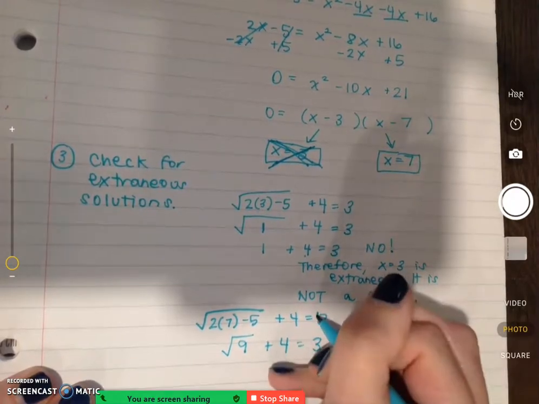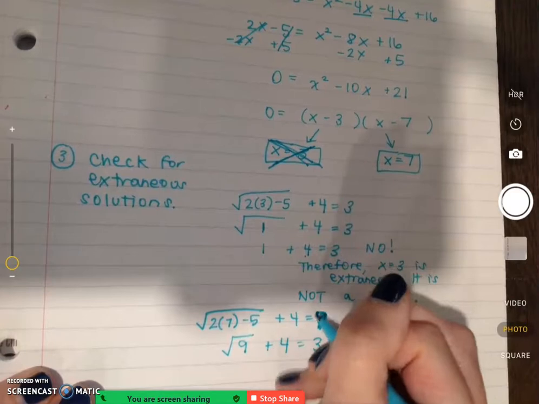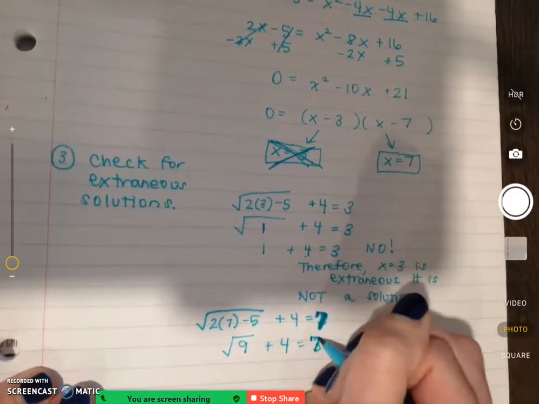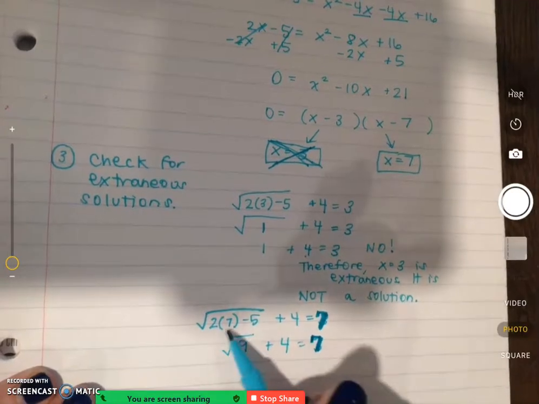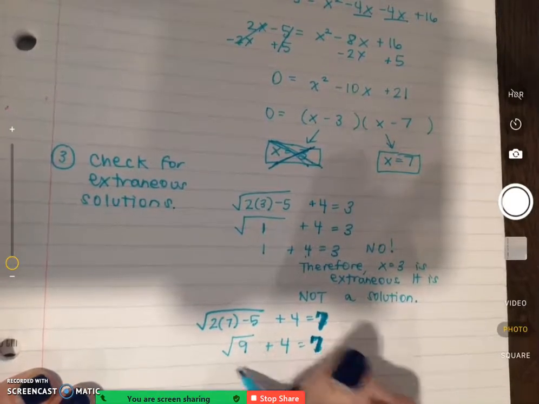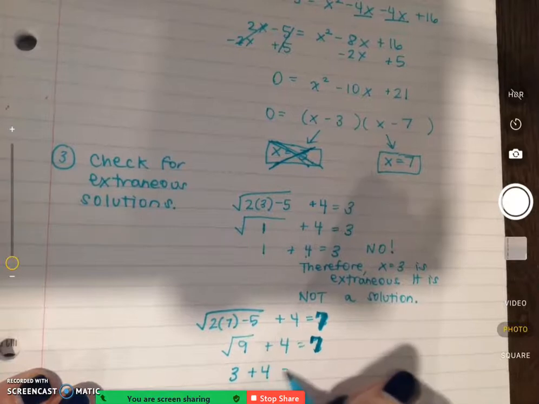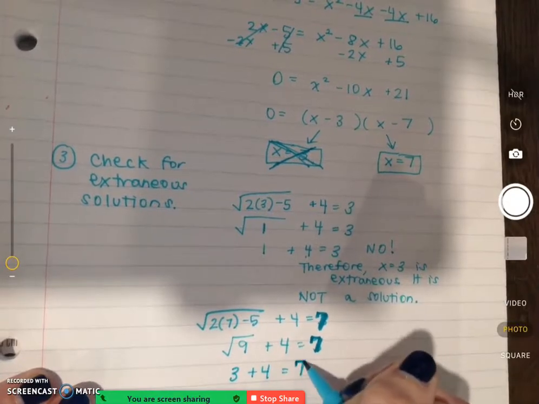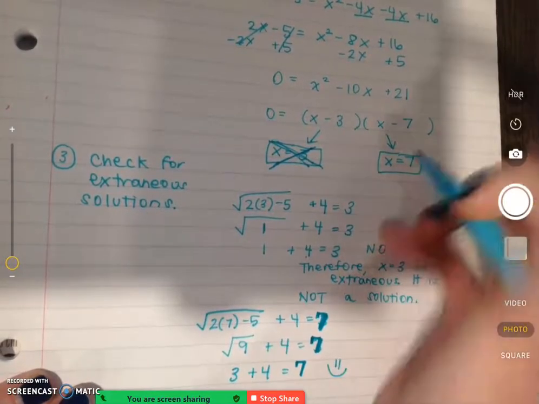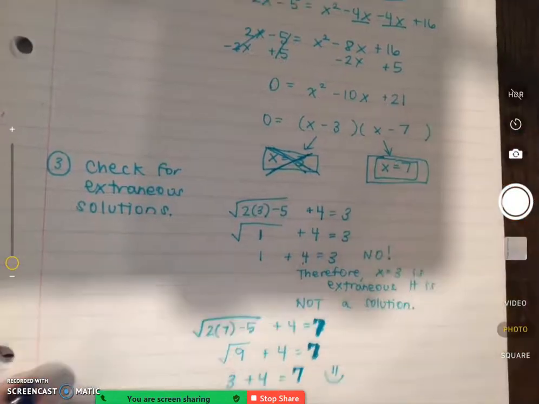Oops, 7. I'm putting 7 in for x. So 14 minus 5 is 9. The square root of 9 is 3. And 3 plus 4 is 7. Yay! So 7 is my one and only solution.